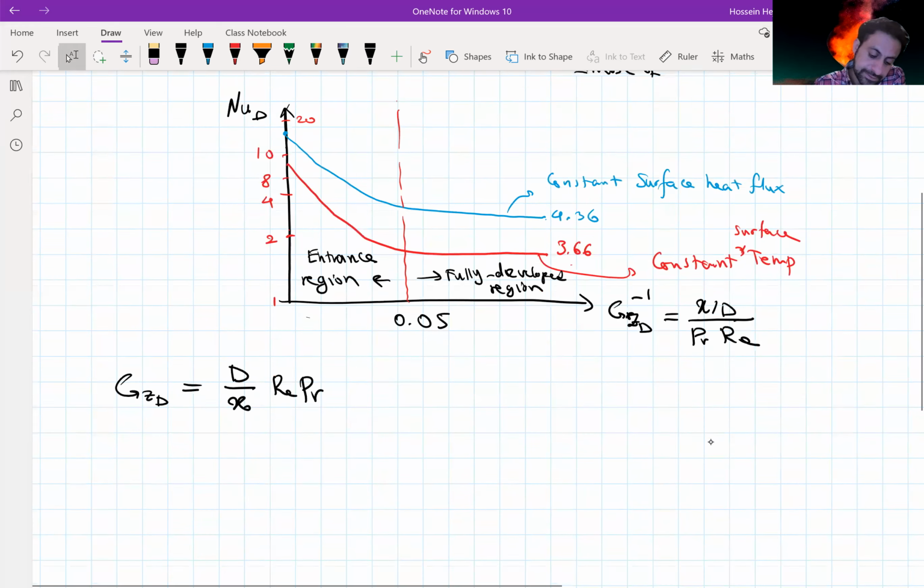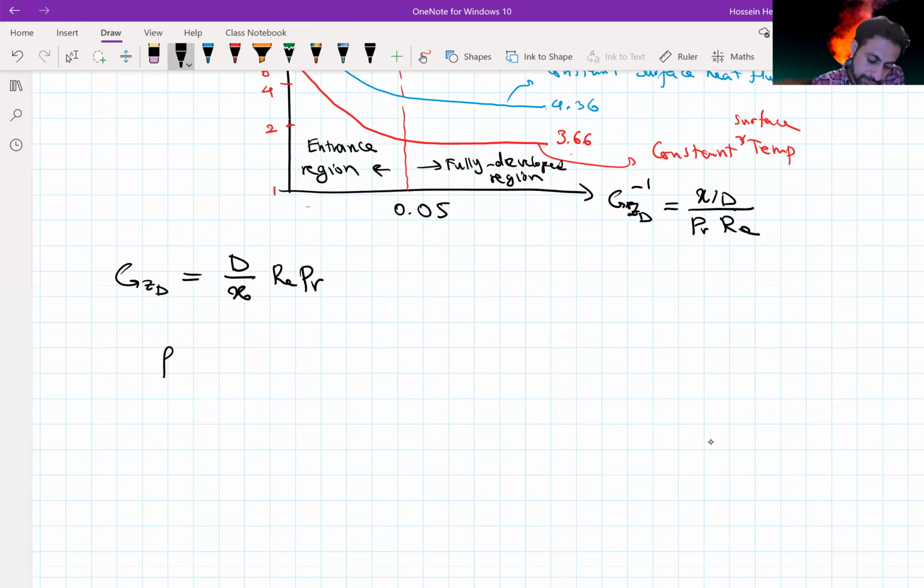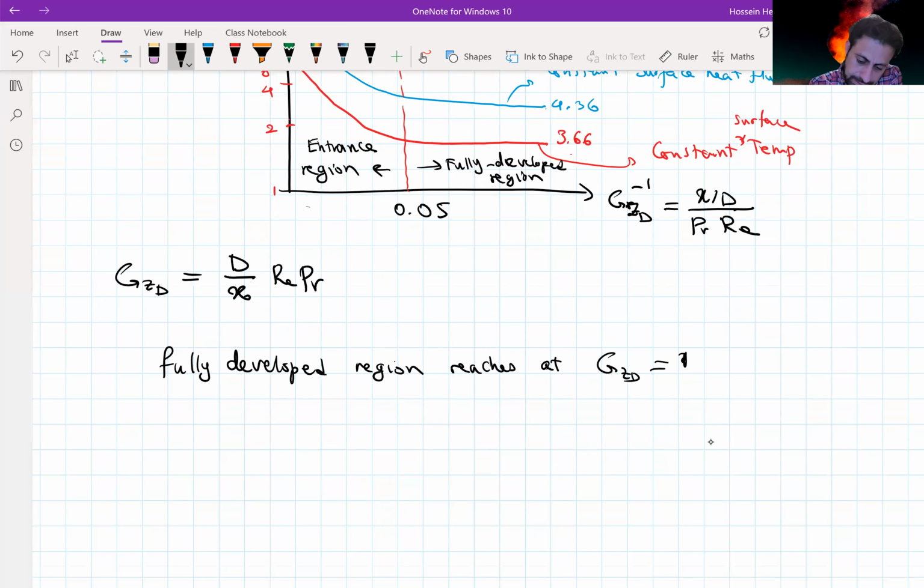The fully developed region is reached at this number, X over D over Reynolds Prandtl, almost 0.05. Both of them are reaching that point.